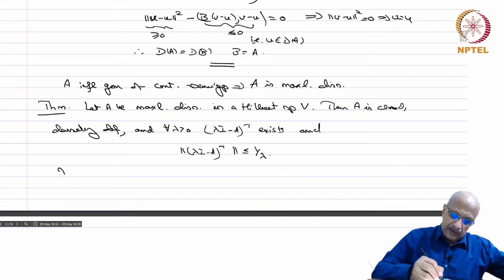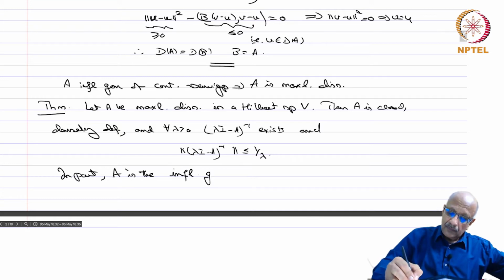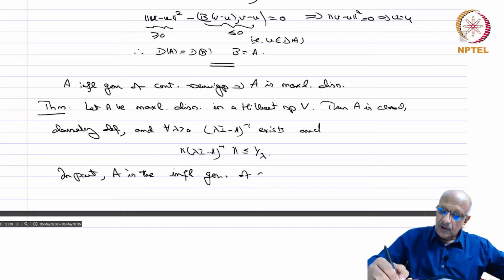Okay. In particular, A is the infinitesimal generator of a contraction semigroup. That is by the Hille-Yosida theorem.